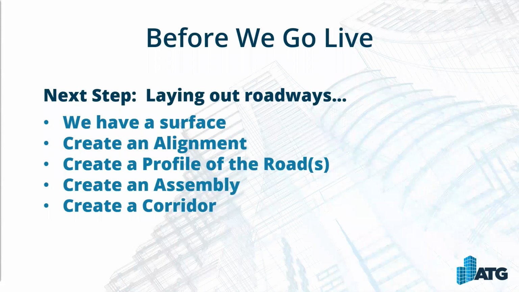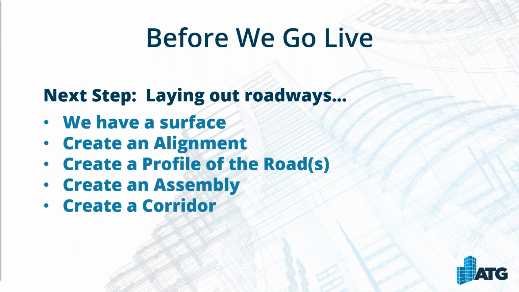So before we jump into live and get off of this PowerPoint, we'll take a quick look at where we'll be starting. Again, we have a surface created. So what are the next steps? If we're looking at a purely Civil 3D or civil engineering type role, when we go to layout roadways, we already have that surface.